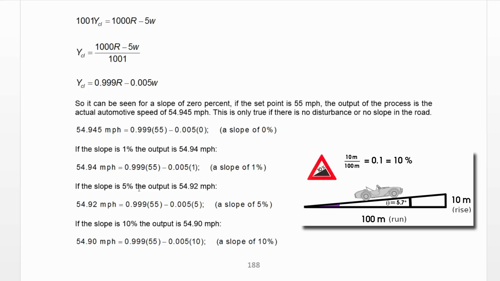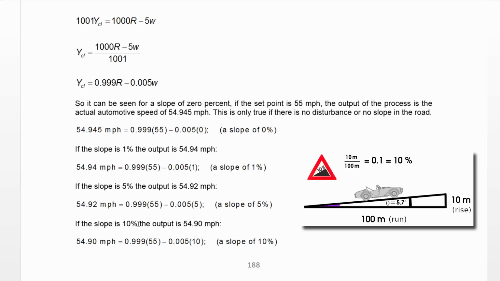If we had a 5% slope, we get 54.92 miles per hour. So we take 0.999 times 55 minus the disturbance, 0.005 times 5, and we get 54.92 miles per hour. Now at a 10% slope, this is a pretty steep hill.